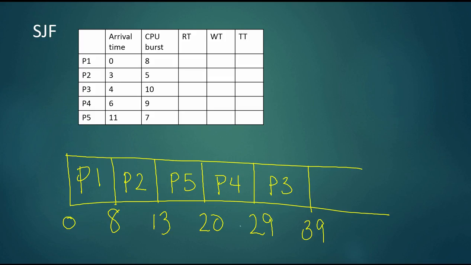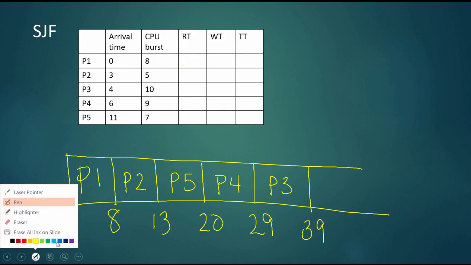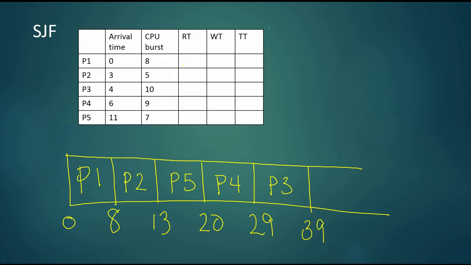Now we do the same thing to calculate the response time. P1 arrived at time 0. The first time it got on the processor was time 0. So P1 arrived at time 0 and got the CPU at time 0, and so waited 0 time units. P2 arrived at time 3, so P2 waited 5 time units.